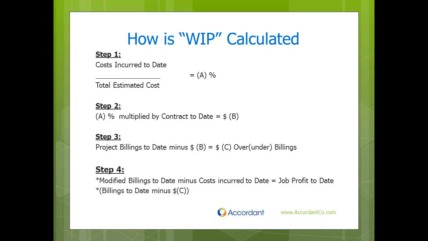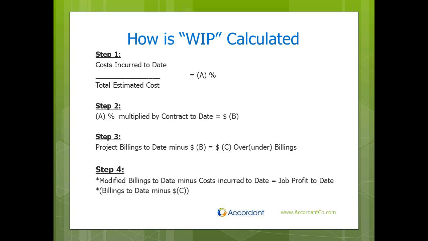Many people do not even put a budget into their system or track the changes throughout the project. By not doing that, they don't have a true total estimated cost, thereby not giving them a true percentage complete. This percentage complete is the basis for the WIP calculation that is used by most accounting professionals to show your true profit on a project.